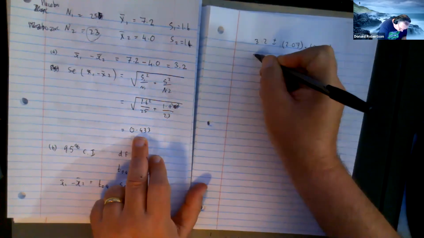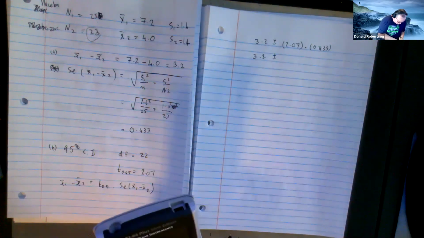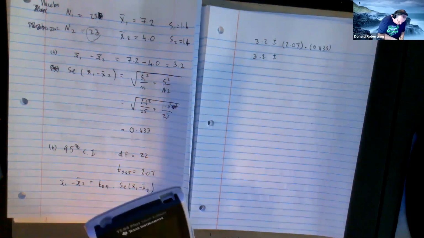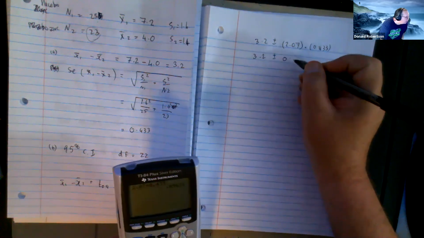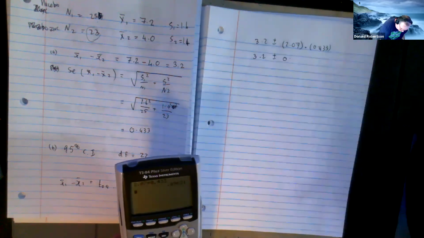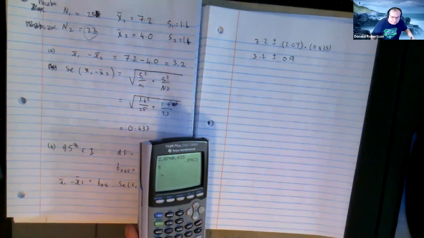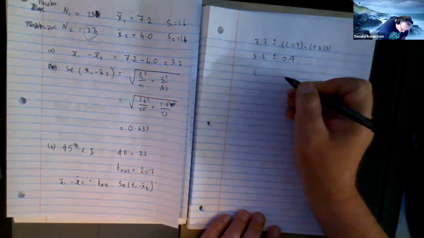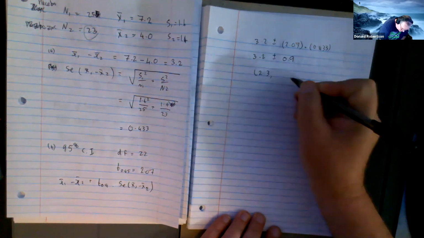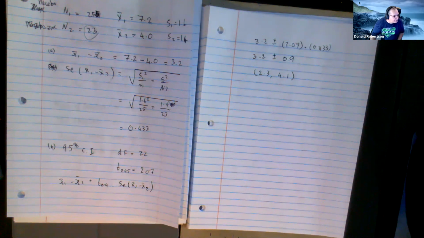So it ends up being 3.2, give or take 2.07 times 0.433. I'm calling that 0.9, it's pretty close. And that could be as low as 2.3, could be as high as 4.1. And so there's my 95% confidence interval.